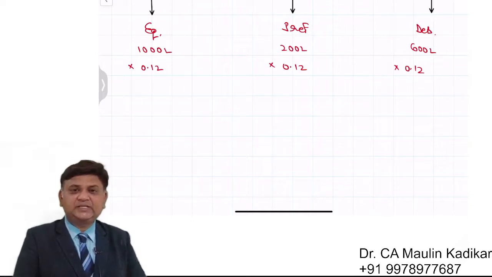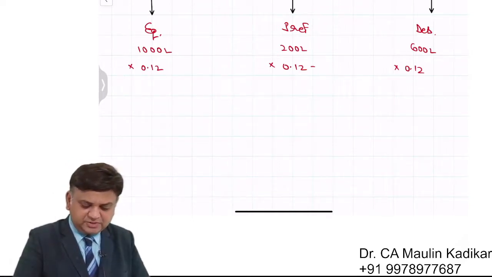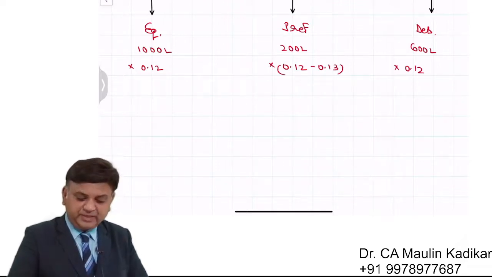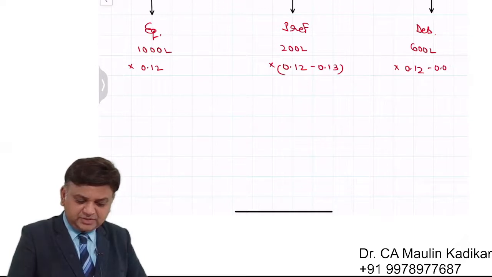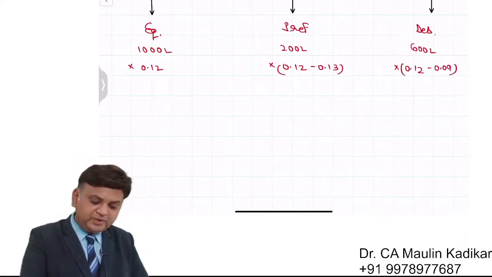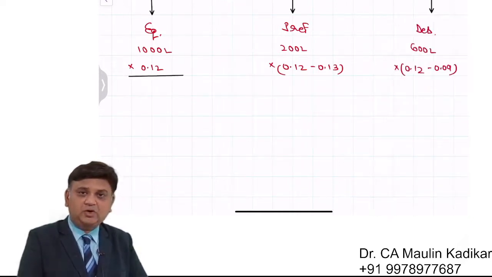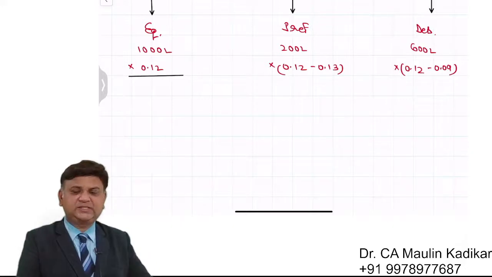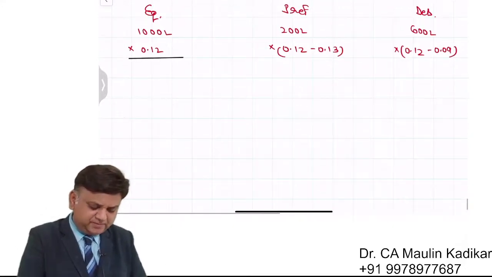We understand that as far as the preference share is concerned, it has a cost of 13%, which we have calculated above. Debentures have a cost of 9%. Again, that is what we have calculated above. So what will happen, dear students? The initial 1000 lakhs, the equity 1000 lakhs, you don't have to pay anything to outsiders.